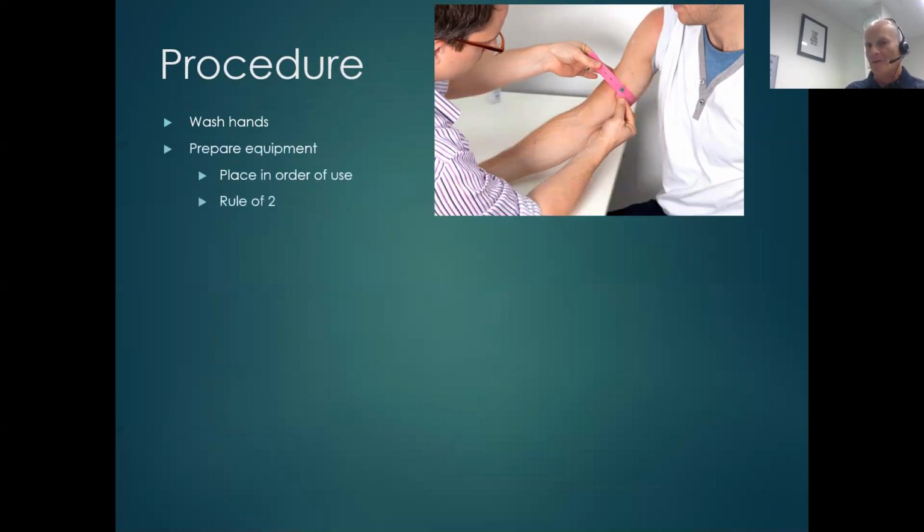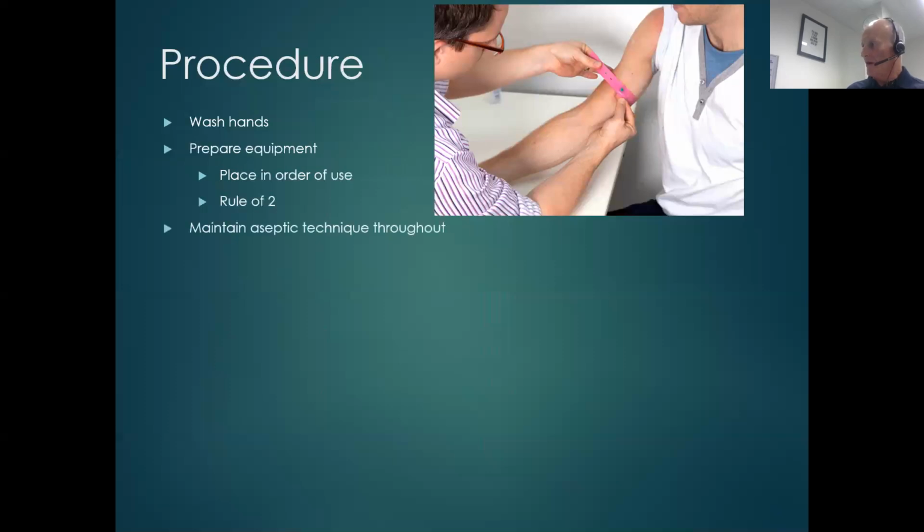I live by a rule of twos. Make sure you have two of everything, because if you do fail, you don't want to get up and repeat everything and go and get stuff and reset the patient and so on. Usually most people will have two goes, and if they fail at that, then we need to get someone else to have a go at cannulating.